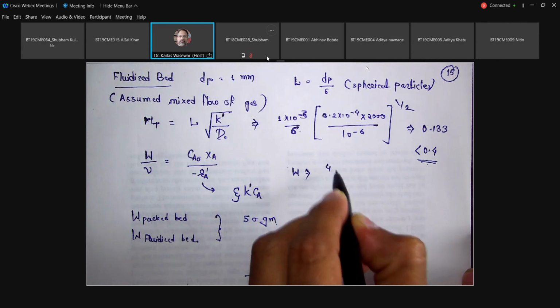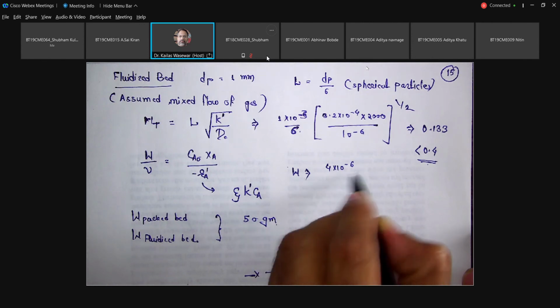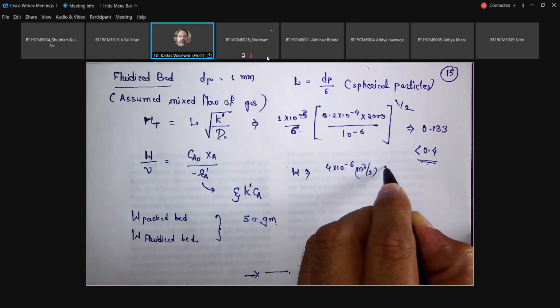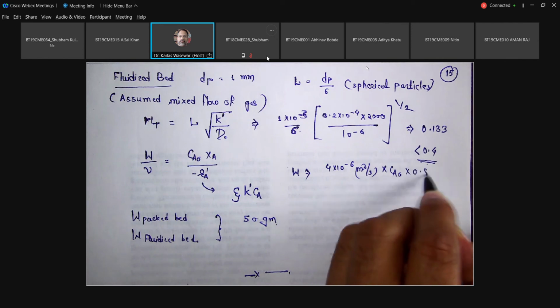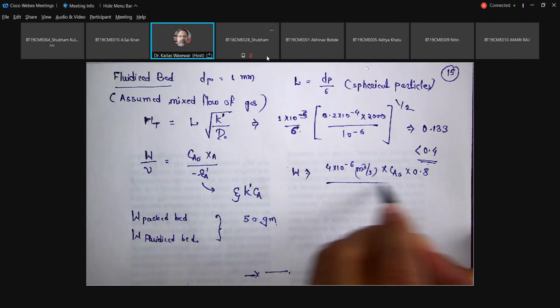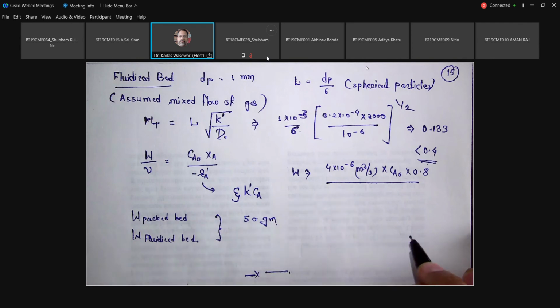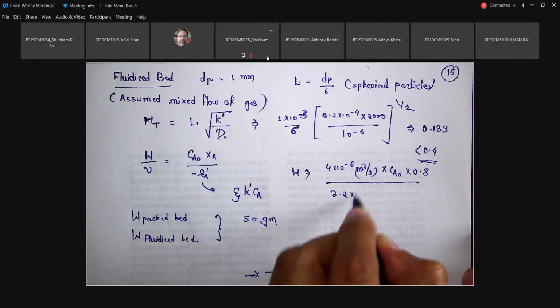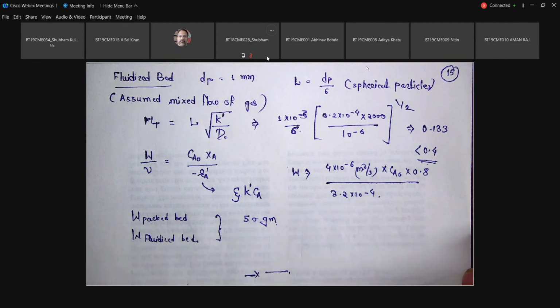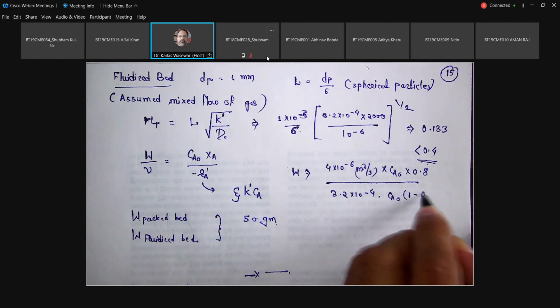So it will be 4 into 10 to the power minus 6 meter cube per second flow rate, into Ca0. Xa is 0.8, we need it. Ra is, K will be 3.2 into 10 to the power minus 4. Ca will be Ca0 into 1 minus 0.8.